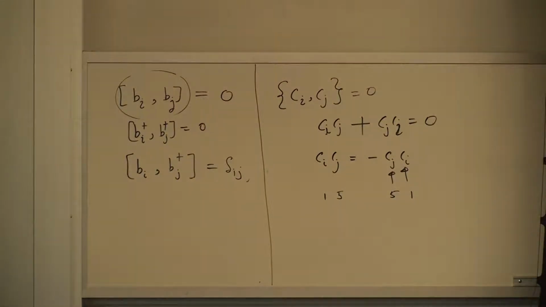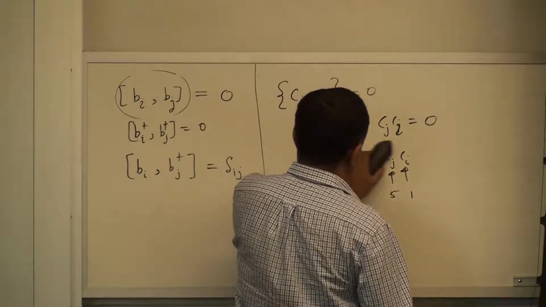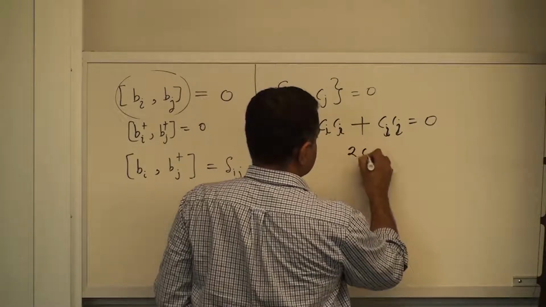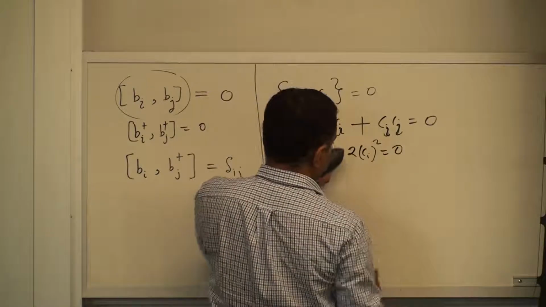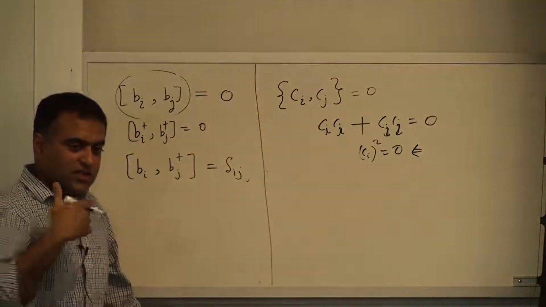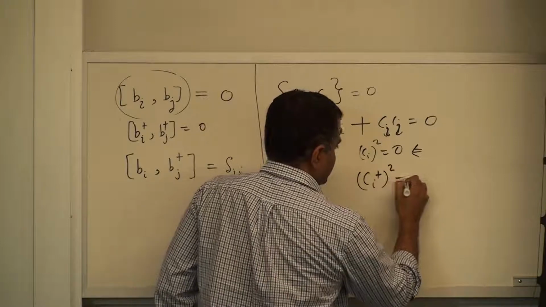And that is why, from here, if i and j become equal, if the orbitals are the same, you get 2 times Ci squared is equal to 0, or in other words, Ci squared is equal to 0, and that is your Pauli exclusion principle. And Ci dagger squared is equal to 0 as well.